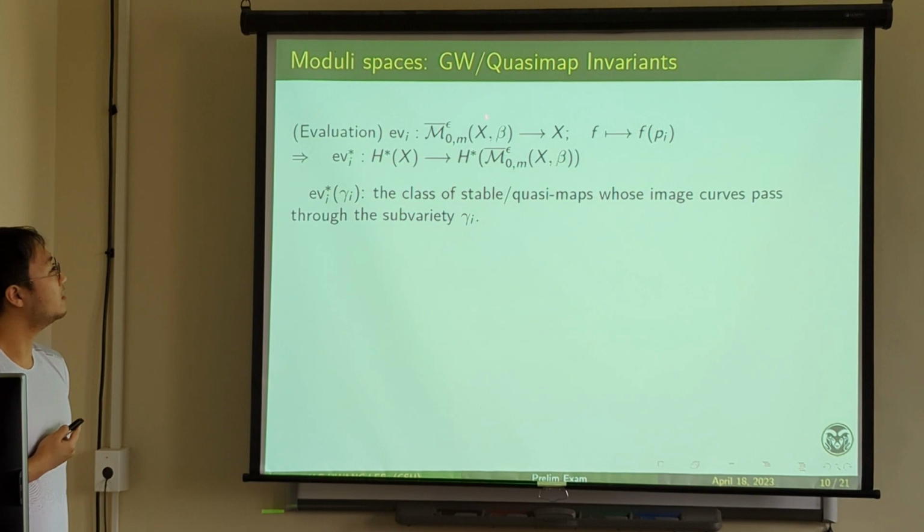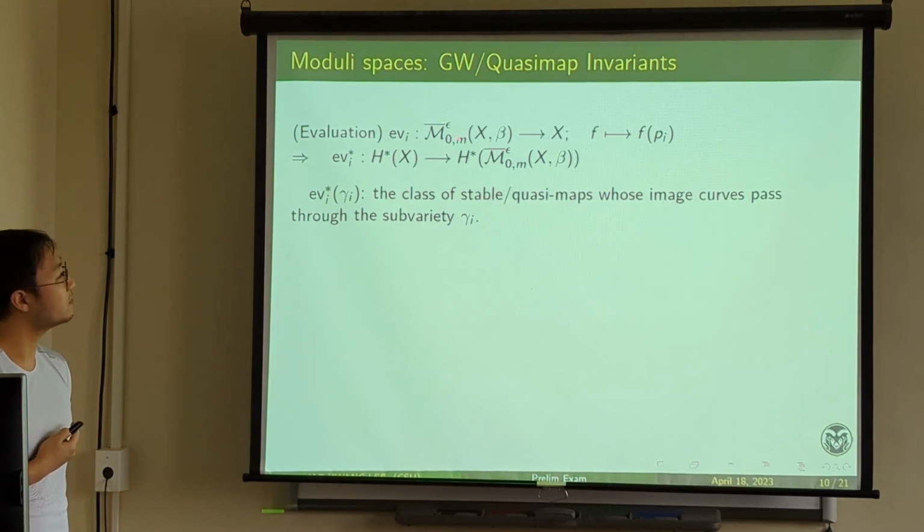So if I have an element in here, I can plug the ith marking into the map, and that lands on my target space. So that's an evaluation map. For the quasimap case, because we have a base point, in the definition of a quasimap, the base point must be distinct from markings.